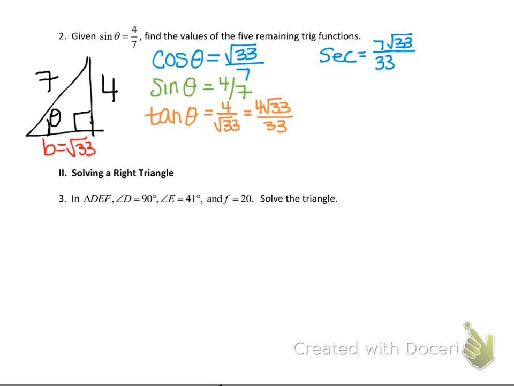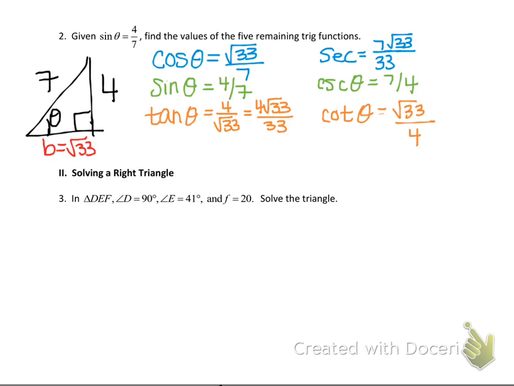So then the cosecant of theta is 7 over 4. And then our cotangent of theta is the reciprocal of the tangent, which is root 33 over 4.